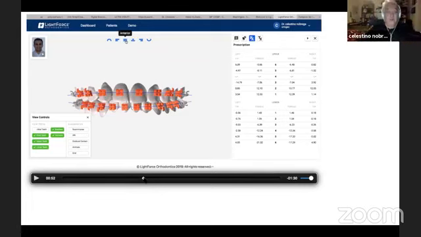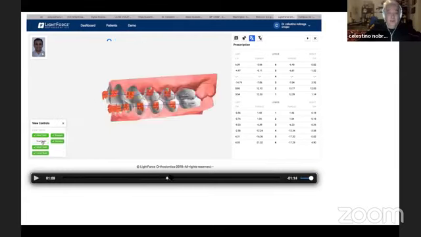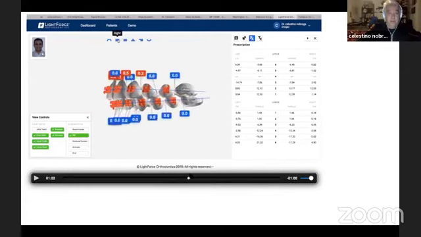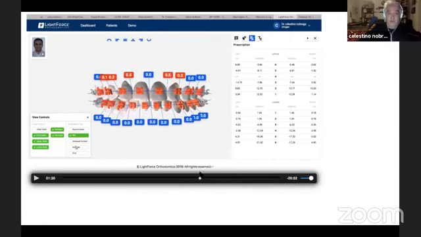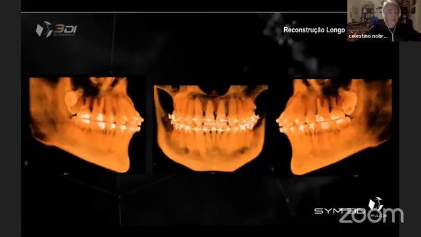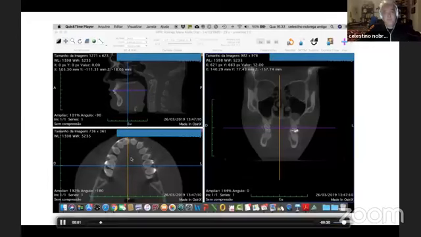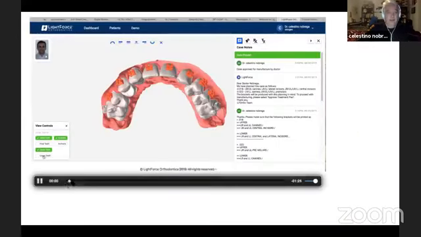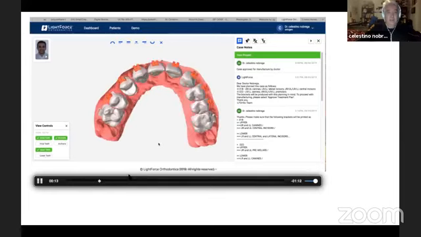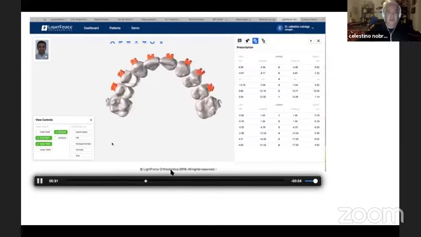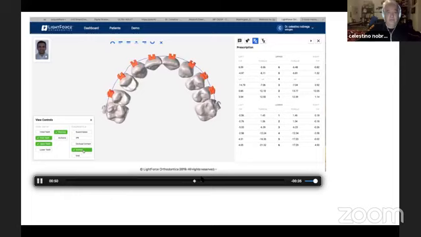I'm going to show you some more cases. We printed the brackets for the patient, and we have the IPR suggestion for the entire case. This is pretty interesting, because we started the setup with the tomos if necessary. Again, I can simulate and show the patients, like for the aligners.